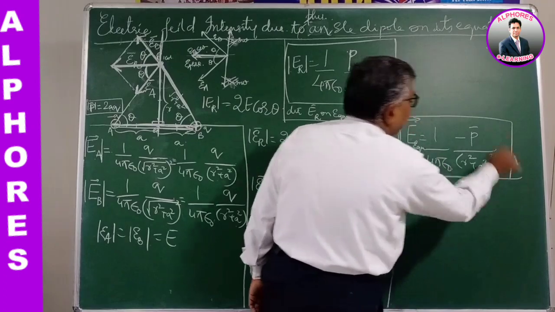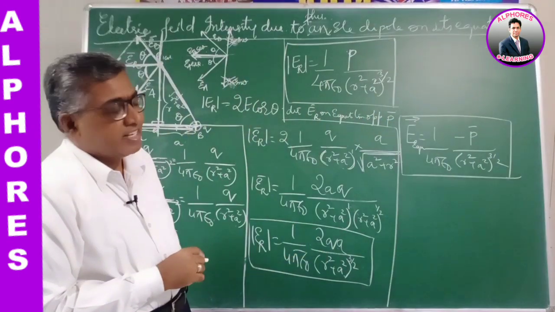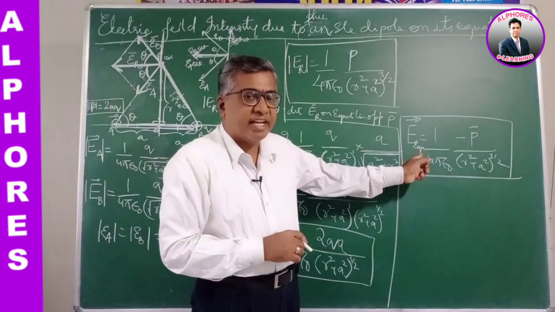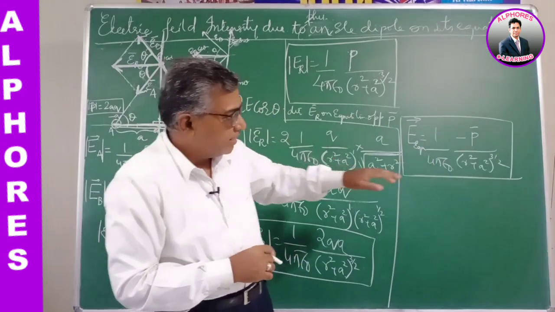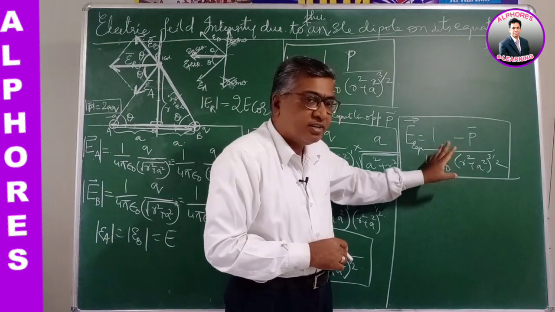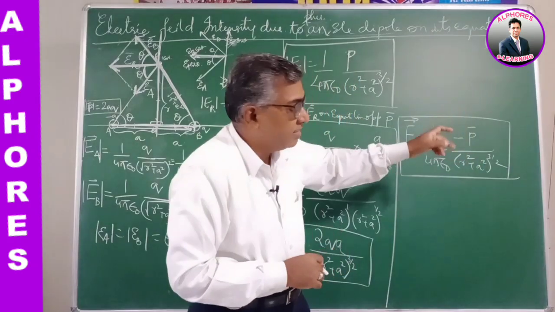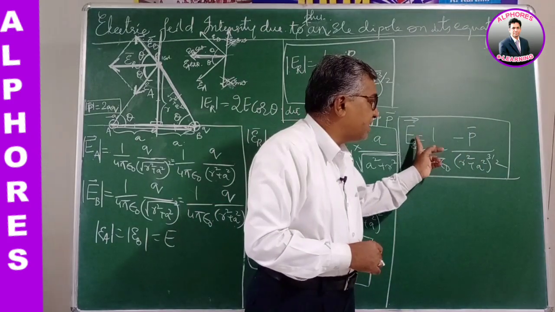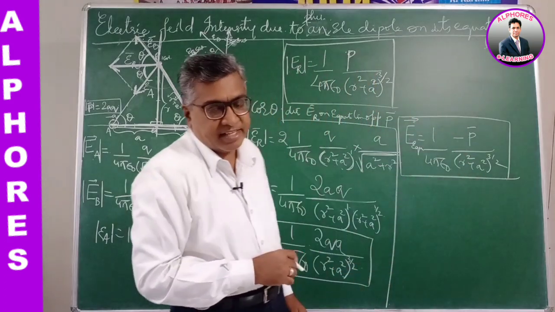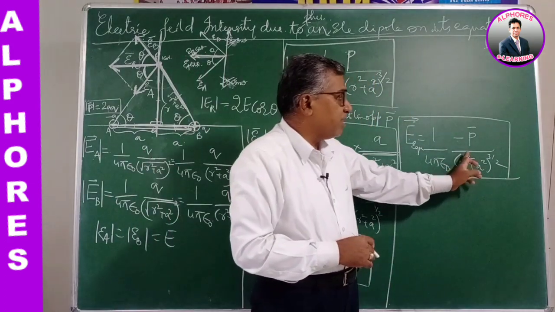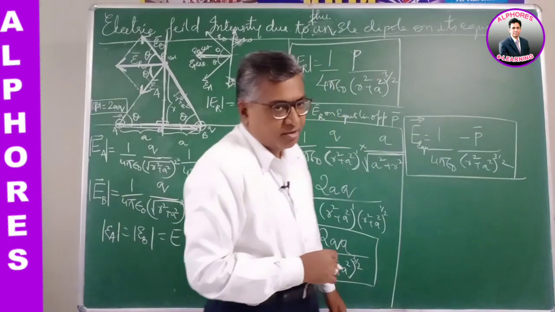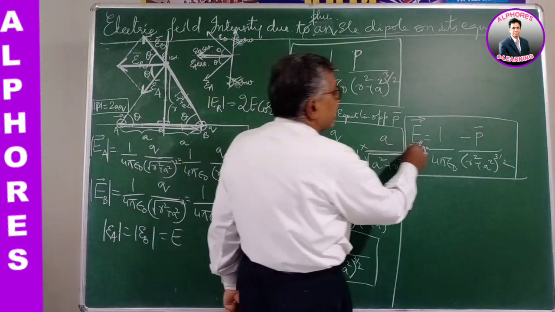So vectorially the electric field intensity due to a dipole at any point on the equatorial line is 1 by 4 pi epsilon naught, Coulomb's constant, minus of the dipole moment, opposite to the direction of the electric dipole moment, by (R square plus A square) whole power 3 by 2. Vectorially it is in this direction.